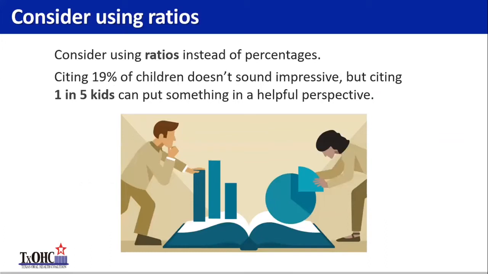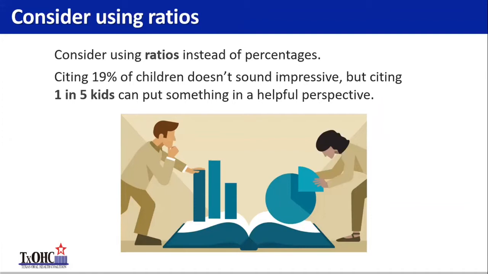I think ratios are something that we tend not to use nearly as much as percentages. And I understand when you're doing tables and charts, they tend to be set up that way. But I think expressing percentages as ratios can be a very helpful way for parents, for the public, for people out there to put things in some context. So when I hear 1 in 5 kids, for example, I came from a big family.